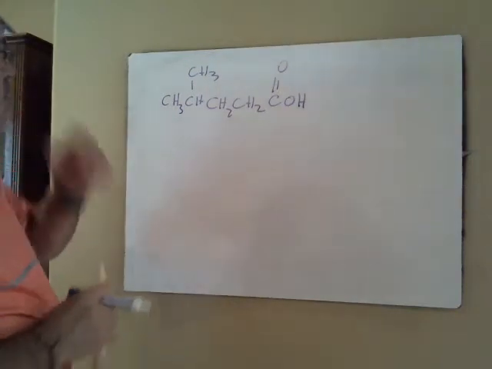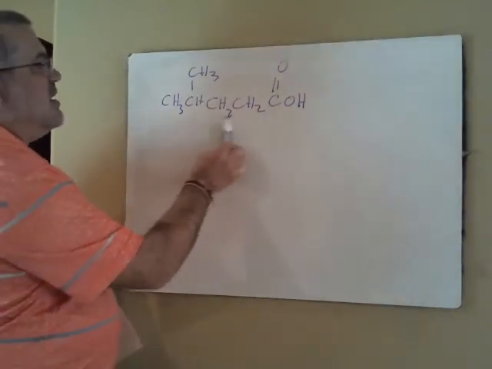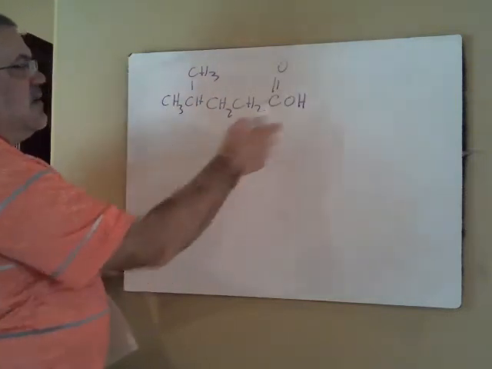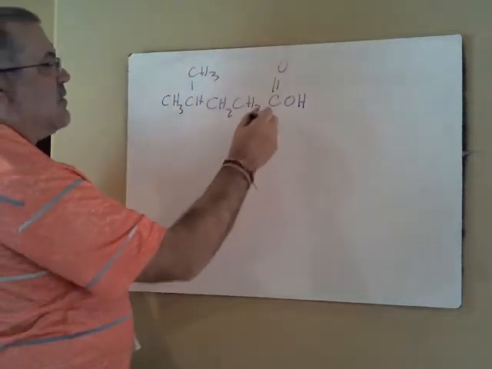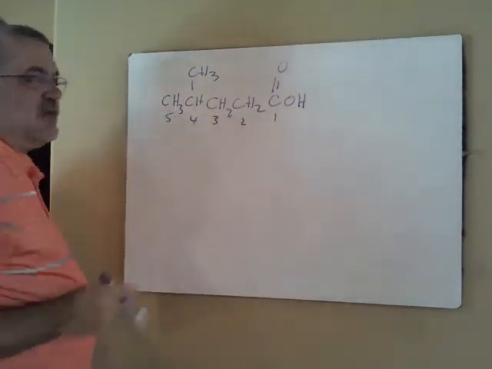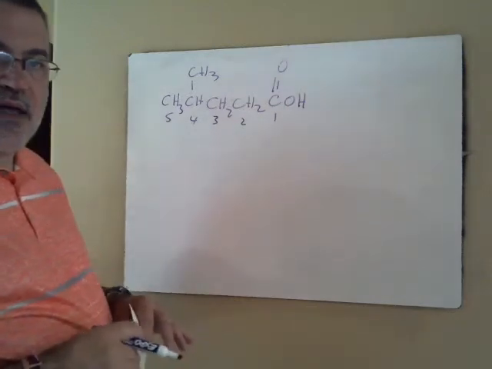Okay, so what will we do here? Longest continuous chain. You can see we can go in either direction here because it's symmetric. So right straight across, start numbering at the carbonyl carbon, and then we're going to name this like it were an alkane and drop the E and add oic acid.